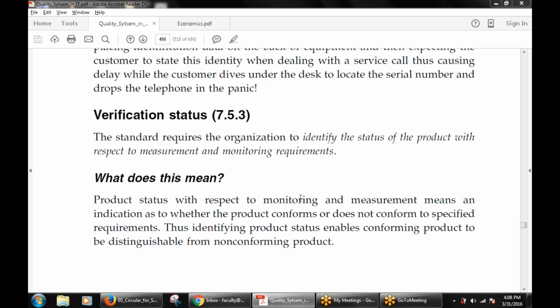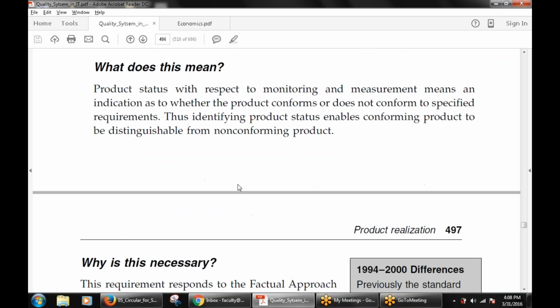So that requires the organization to identify the product status with respect to the measurement and monitoring requirements. That is, what are the various monitoring requirements and what are the various measurement requirements. First of all, what is the meaning of product status? It means an indication as to whether the product conforms or does not conform to specified requirements.